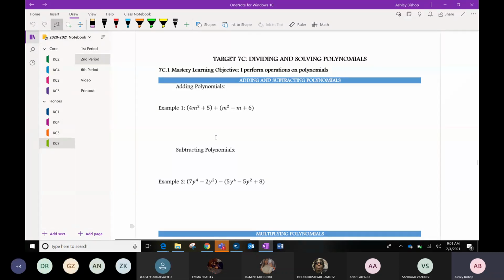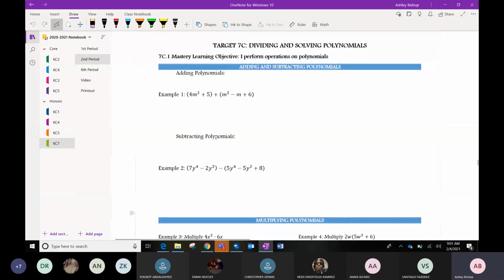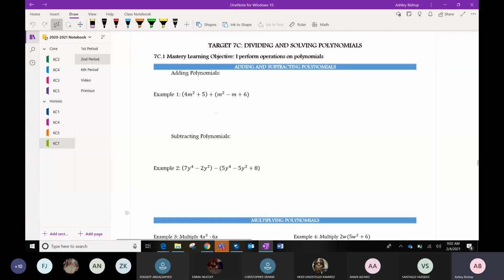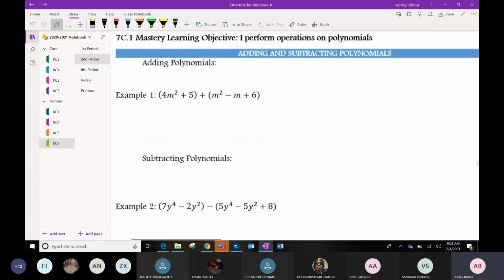So today, to start us off with Target C day 1, we are going to be learning about adding, subtracting, multiplying, and then dividing polynomials. You have already learned how to add and subtract and multiply polynomials, but I will take you back down memory lane and remind you how to add polynomials.